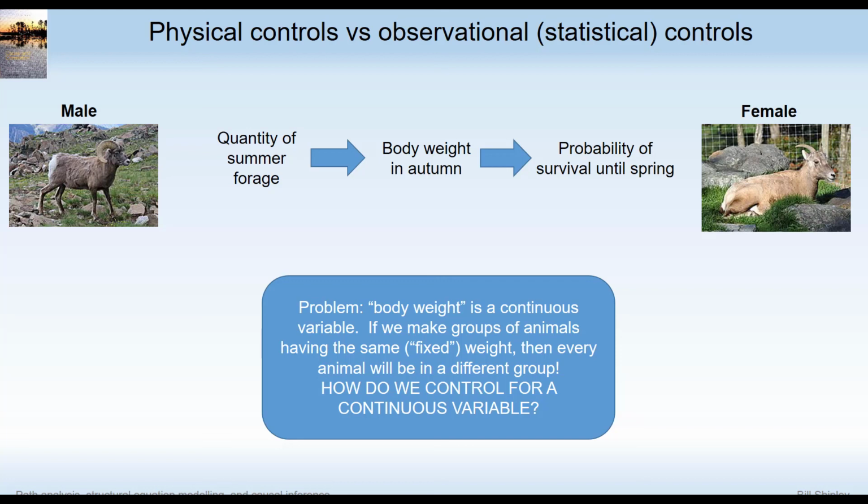And if our hypothesis is true, then the correlation between summer forage and probability of surviving should disappear. The problem, of course, is that body weight is a continuous variable. So if we were to make groups of animals having the same or a fixed weight, then every animal would be in a different group and we couldn't look for any correlation. So how do we control for a continuous variable?